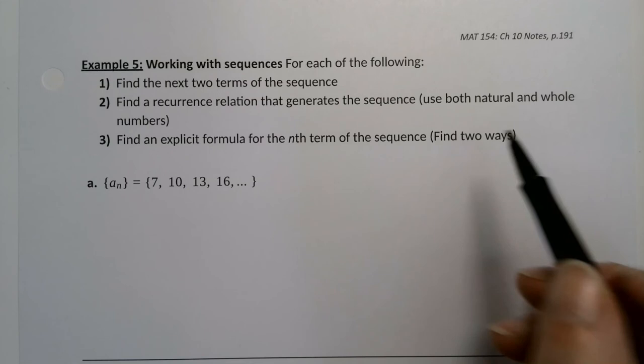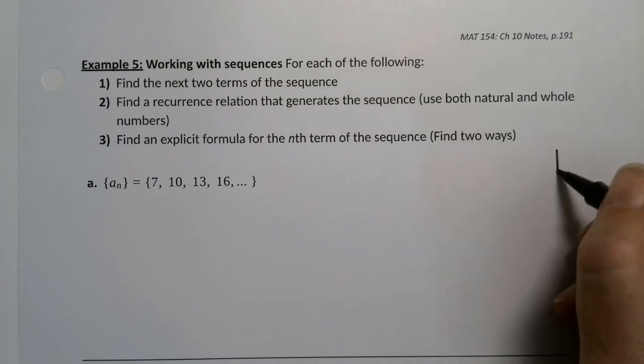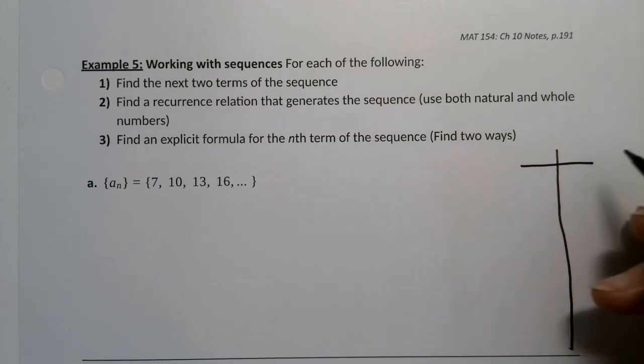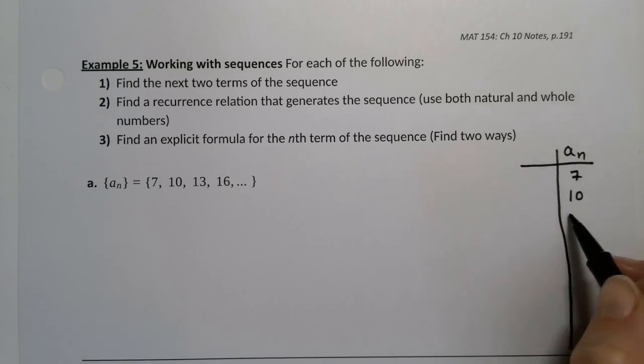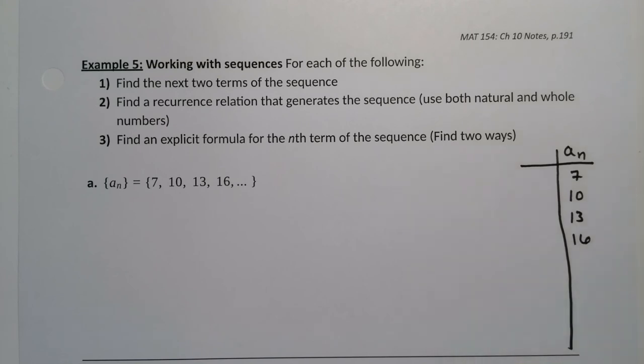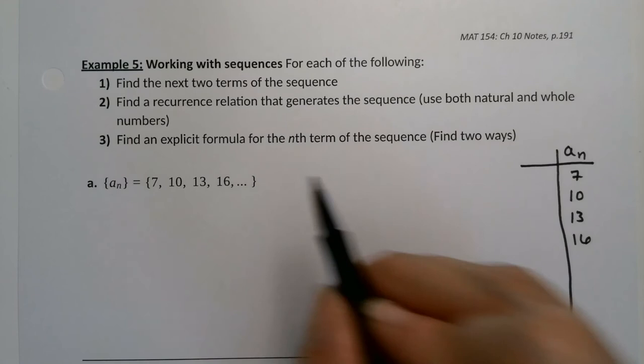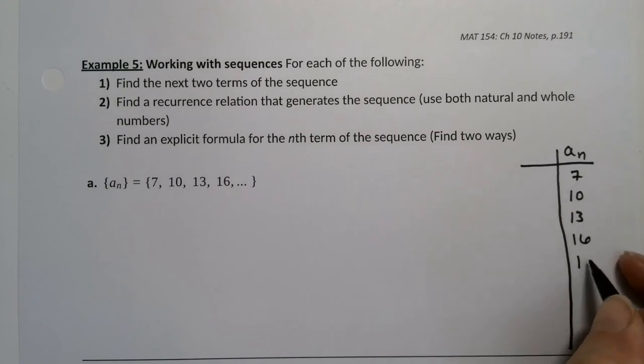Okay. So let's start with this first one. Let me just put in a table over here. Okay, so if we look at our a sub n values, it's 7, 10, 13, 16. Looks familiar, right? Because we've already seen this. So the next two terms would be 19 and 22.